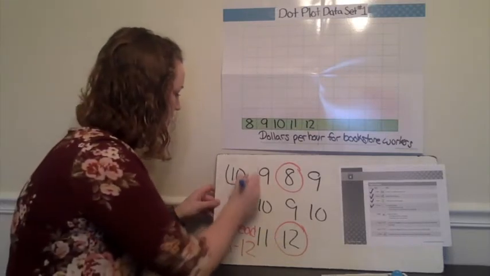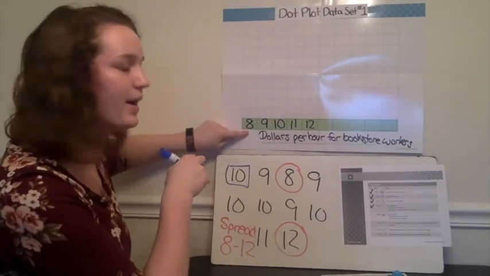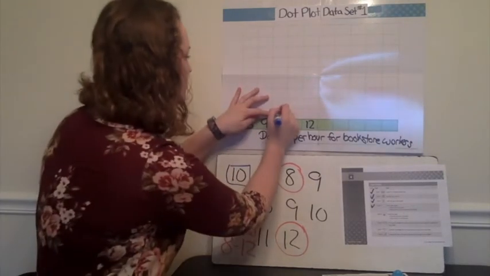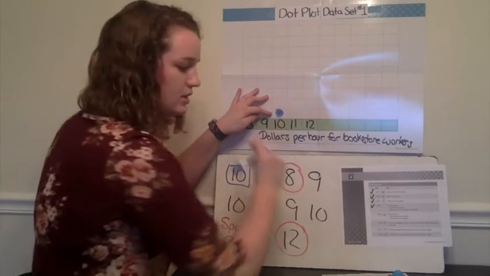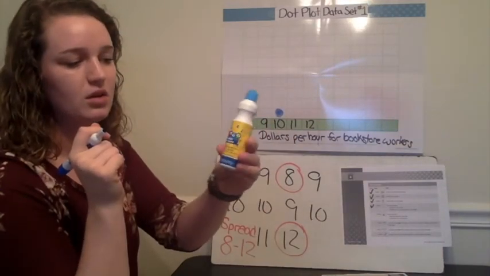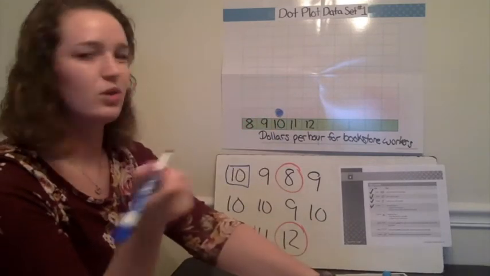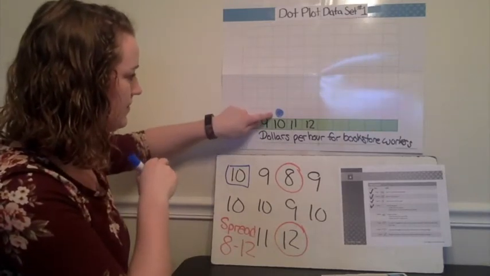We have our 10. So we're going to put a circle where it says 10 on the graph. Okay, so go ahead and find 10. And we're going to put a circle right above it, our big dot. So here you can use your dot marker to make your dot, or you can draw a big circle, okay, just like I did.